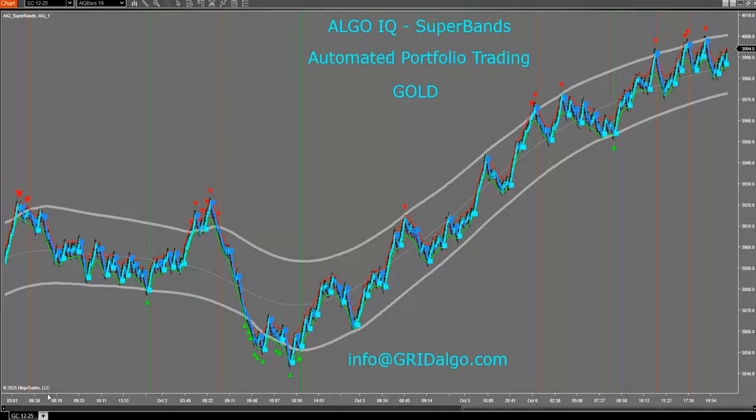You can do this same approach in any of the markets. This approach works fantastic in FX, works fantastic on commodities, works excellent on crypto.